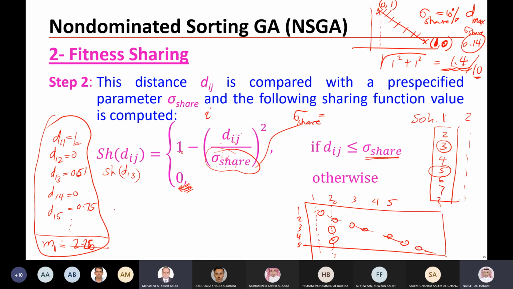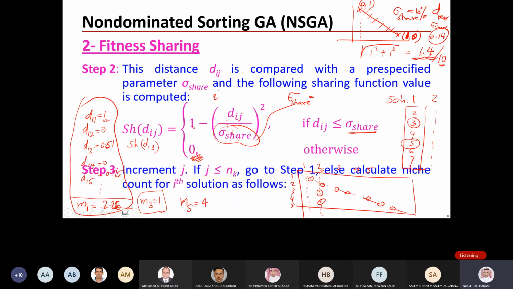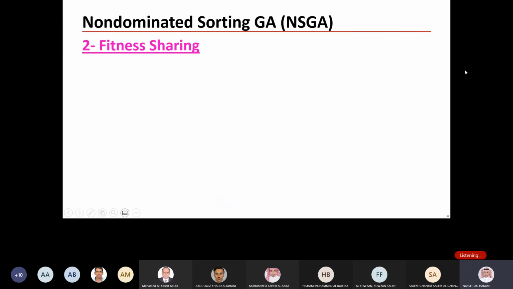If we come here for M3 and we found it 1, that means this solution is single, nothing in the neighborhood. If it is 4, this is more crowded than this one. Because we are excluding the ones outside the neighborhood by 0, I'm only talking about the ones around me.